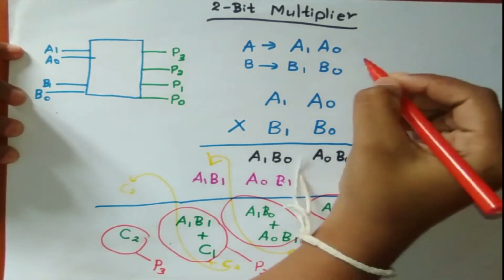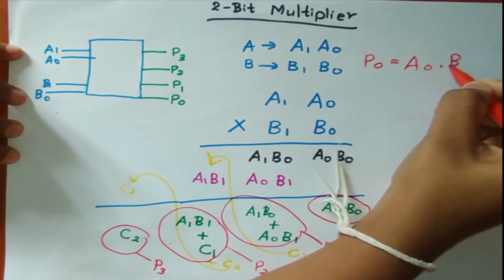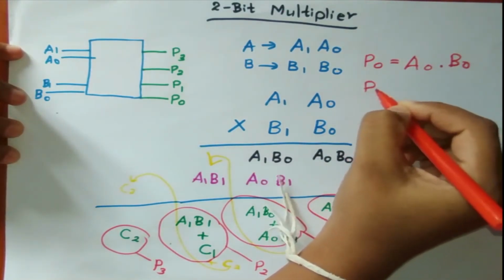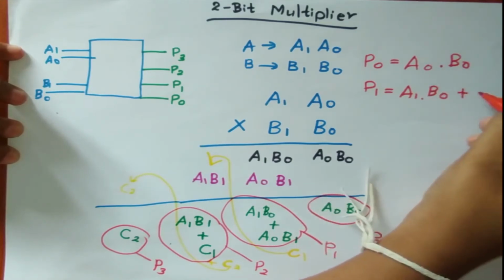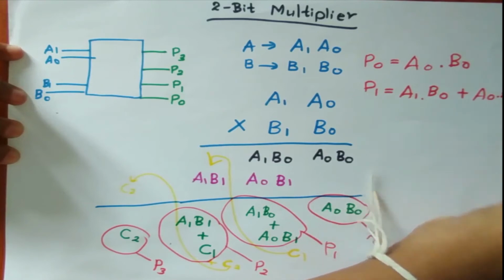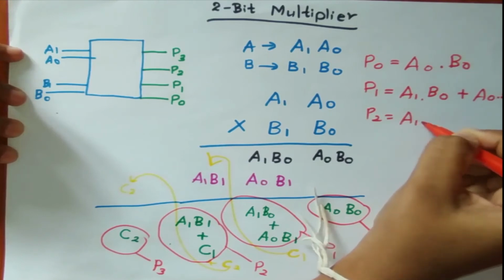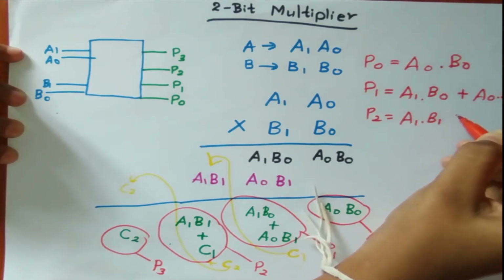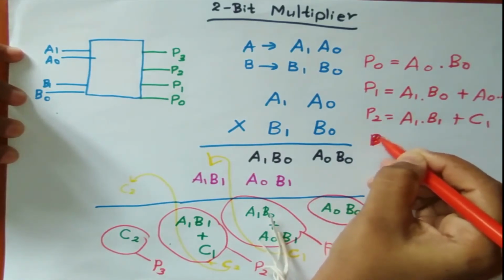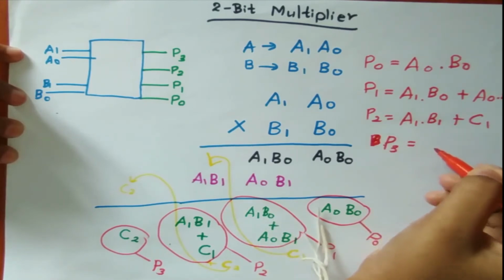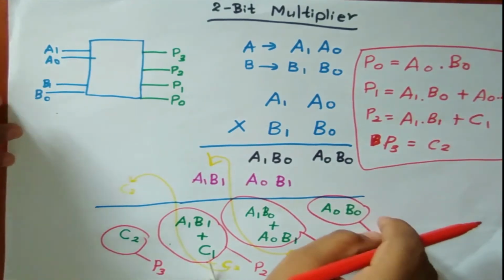Let's write them down. P0 equals A0 B0, and P1 equals A1 B0 or A0 B1, and P2 equals A1 B1 or C1. P3 equals C2. So these are the equations for our 2-bit multiplier.